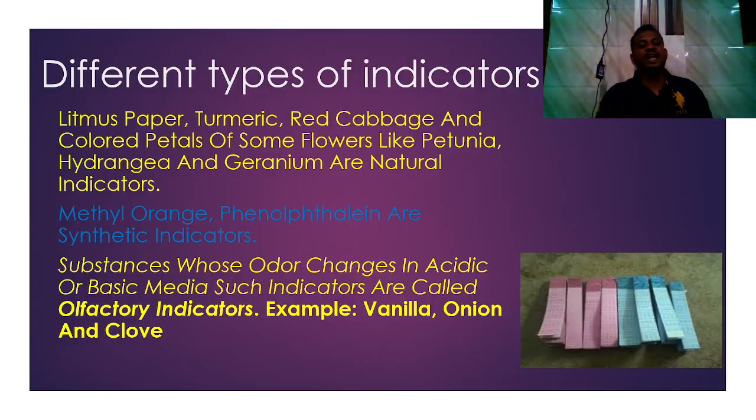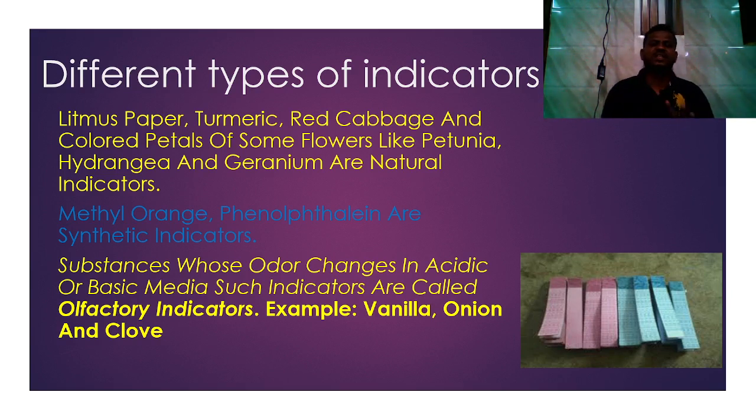Next, in this chapter there is an important point that is known as the indicator. We see different types of indicators. Litmus paper, turmeric, red cabbage, and colored petals of some flowers like petunia, hydrangea, and geranium are natural indicators.